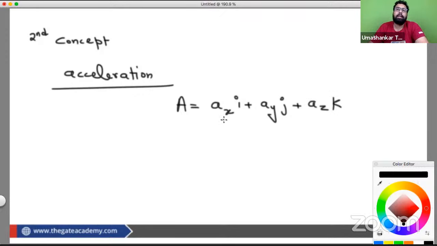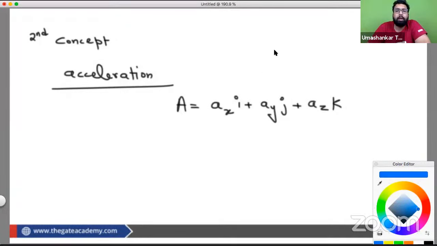So if I say the component of this acceleration in the x direction is ax, in the y direction is ay, in the z direction it is az. This is how we represent a vector, right? Ax, ay, and az. Now please understand this: in kinematics we have acceleration to be found, velocity, which we have already done, angular velocity, later vorticity, and then circulation.